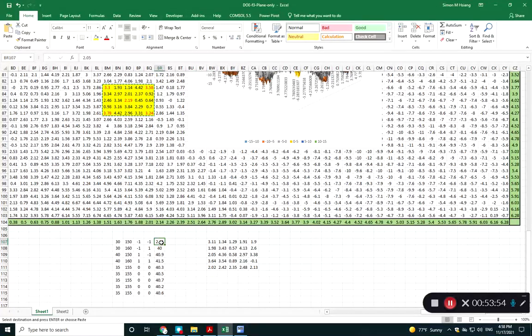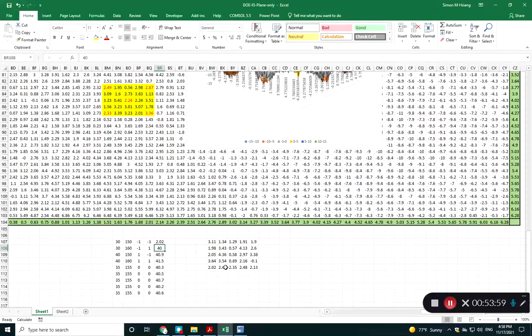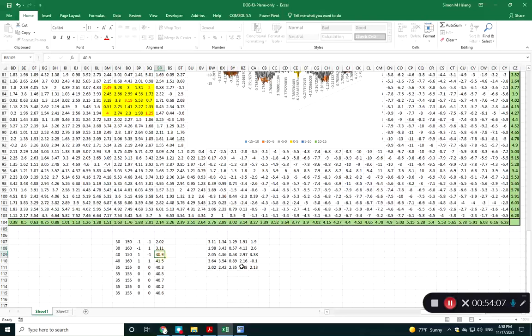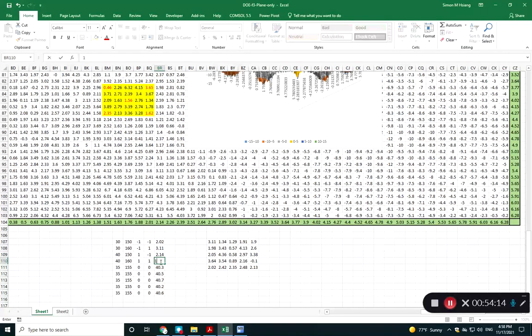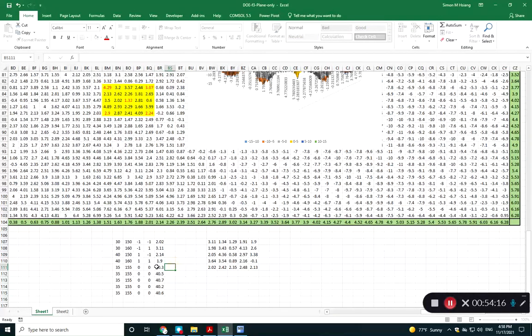So let's do this. 2.02. Corner 1. Okay. And then corner 2, 3.11. Corner 3, 2.13. Corner 4, 1.9. And then for the center point, first time is 1.32.